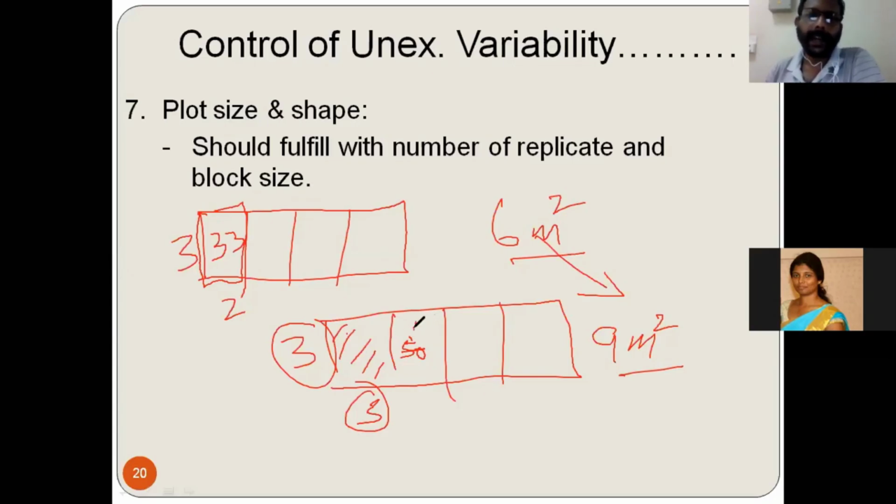Roughly about 50. Right? So now you see what has happened. When the plot size increases, the number of plants that we can accommodate also increases.